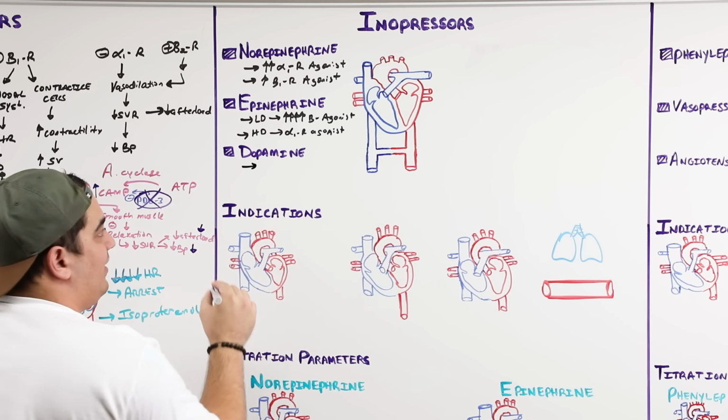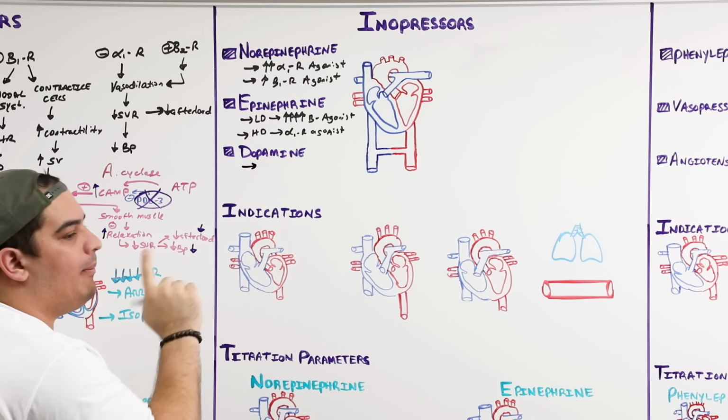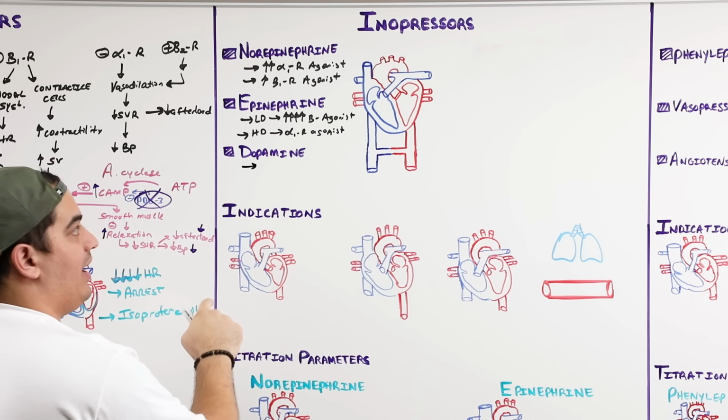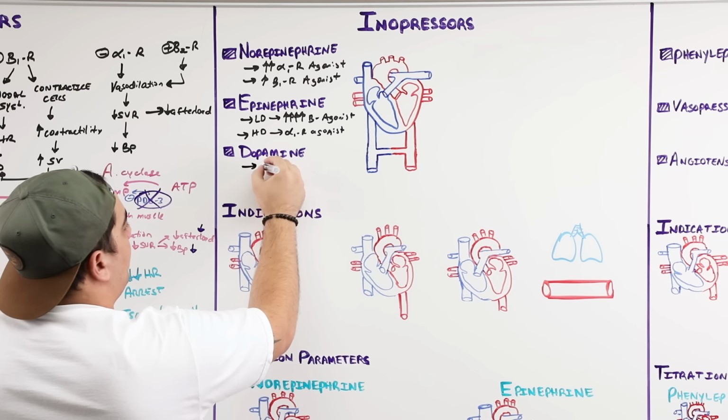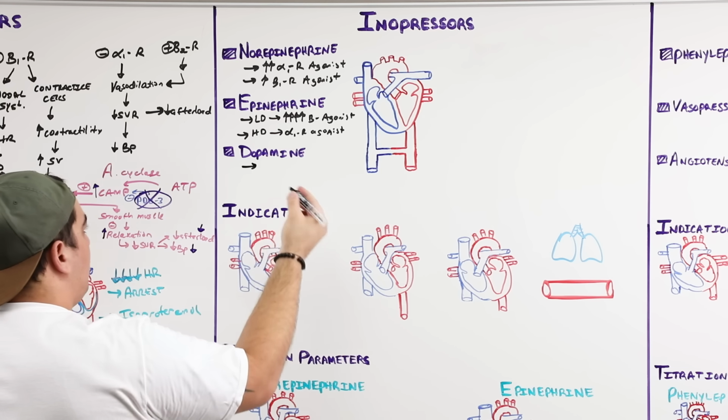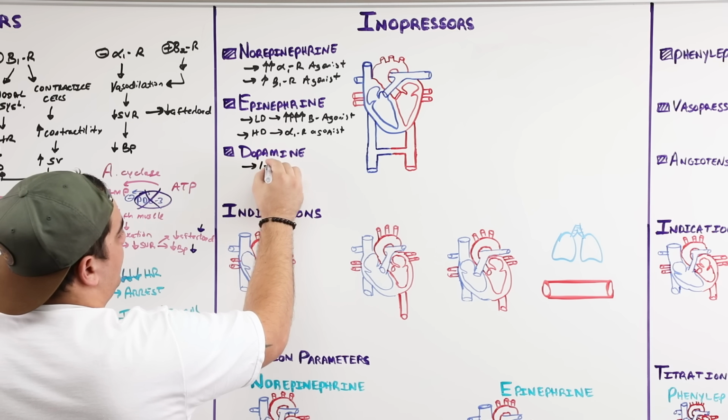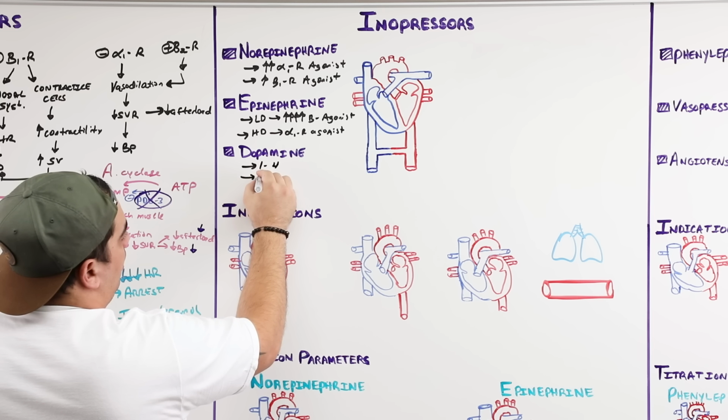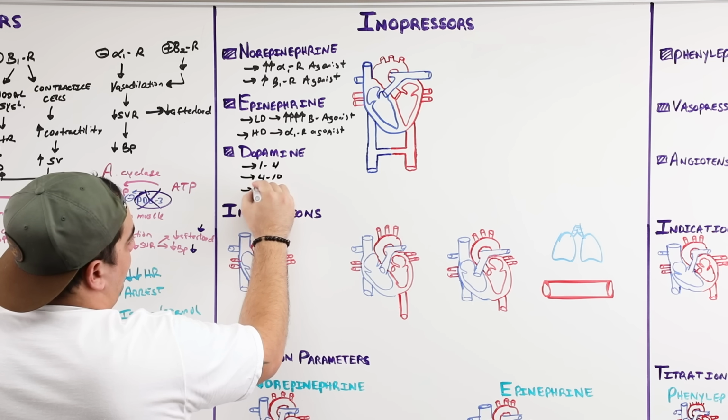Dopamine is dose dependent as well, but way more variable in comparison to epinephrine. So dopamine on lower doses, generally, for example, you can give it like 1 to 4, 4 to 10, and then 10 to 20.